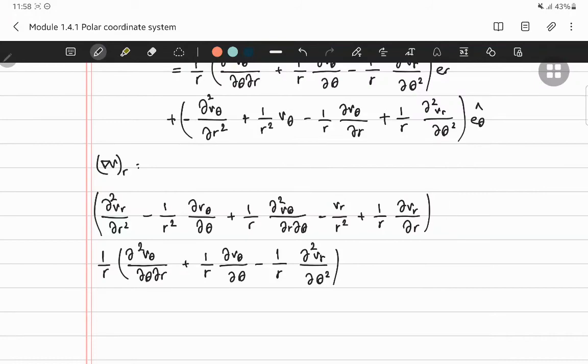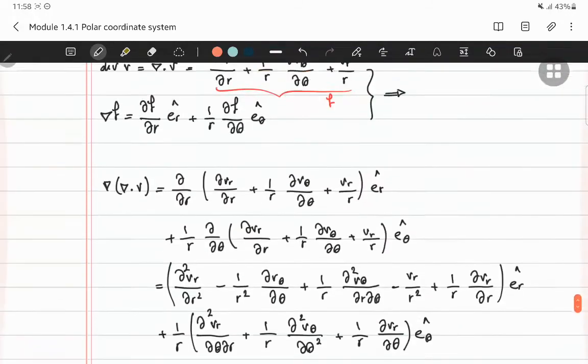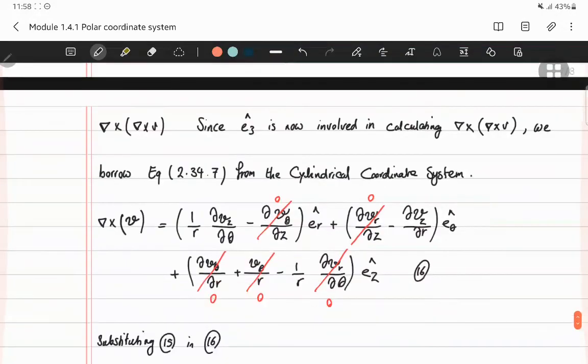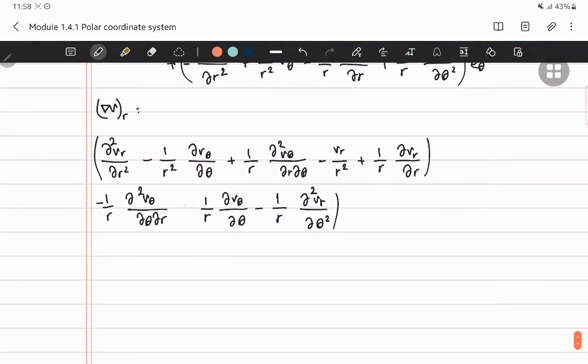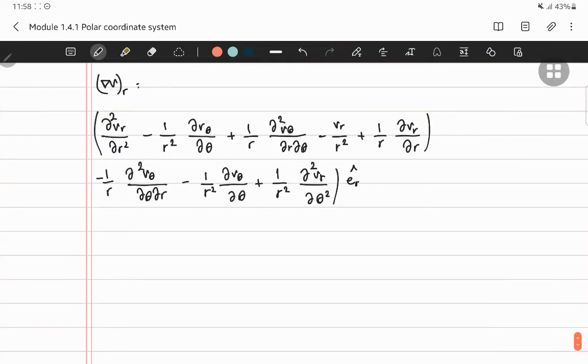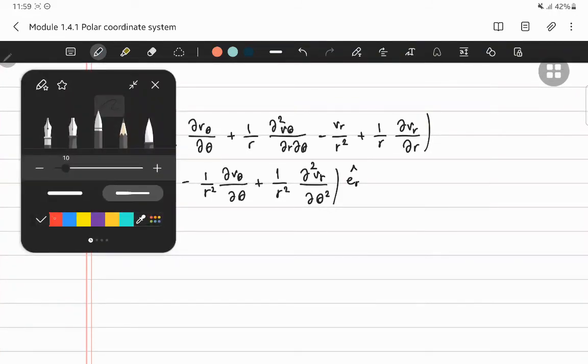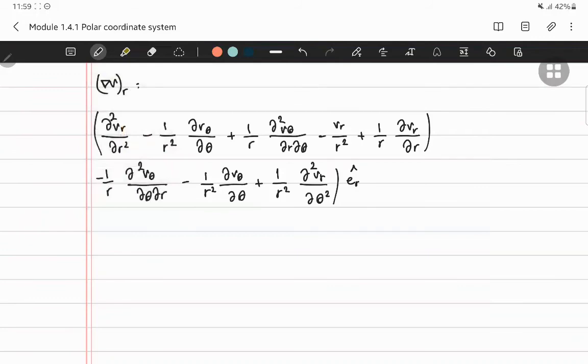This is ER is plus, oh no, this is minus. So 1 divided by R, because here we have minus here. So minus, this is also minus R squared, this is plus, and the whole is ER. So if we rewrite this, you'll see that, let me see.